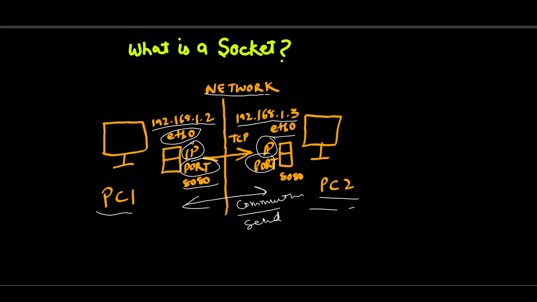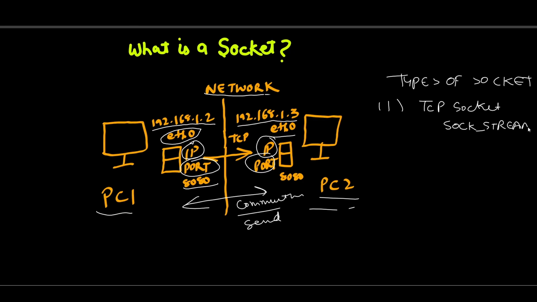The next point is: what are the types of sockets? The first type is the TCP socket, which uses the TCP stream to communicate through the same network or a different network using a reliable TCP connection.